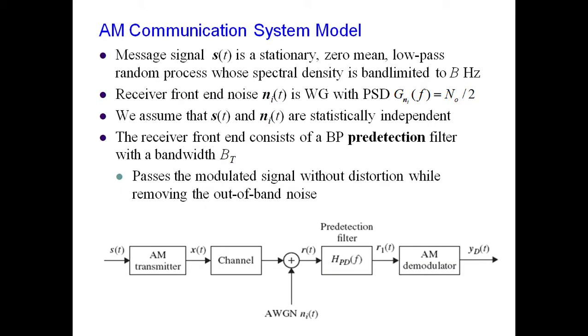Alright, so we can recall what is the message signal. The message signal is the information that we want to transfer. There will be the transmitter, the AM transmitter, and then the signal will be carried in the form of a carrier. This carrier will go to a channel, whether wired or wireless.